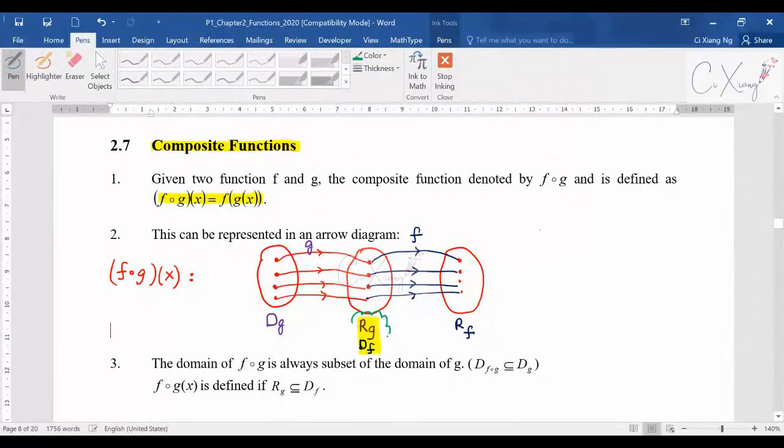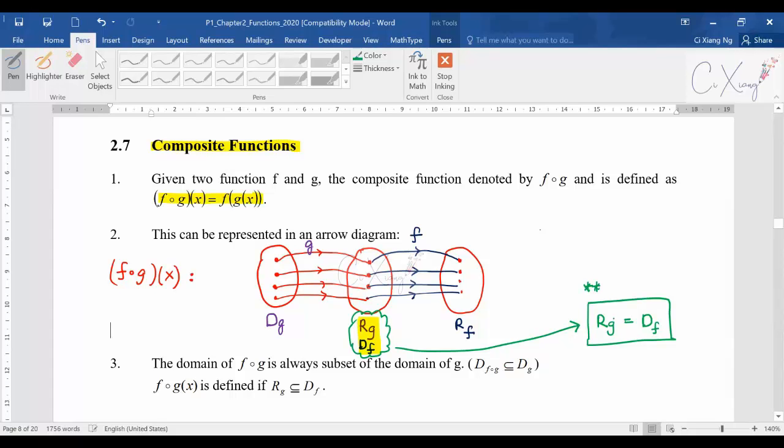So usually when we have a composite function, there is a small conclusion you need to know: the range of g is equal to the domain of f, when you are having a composite function of f composite g.